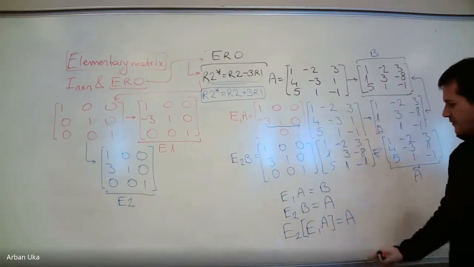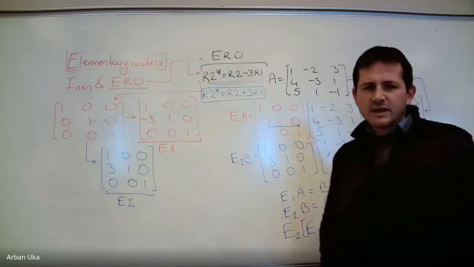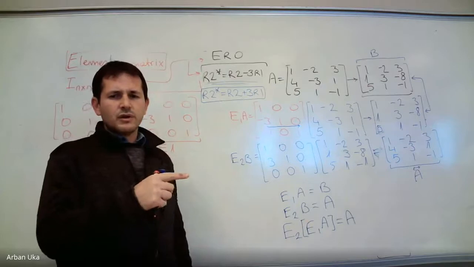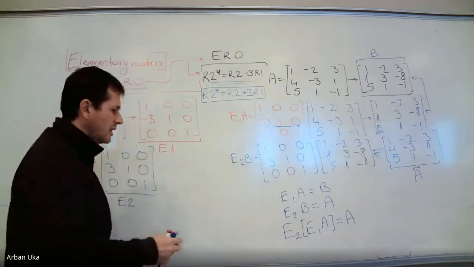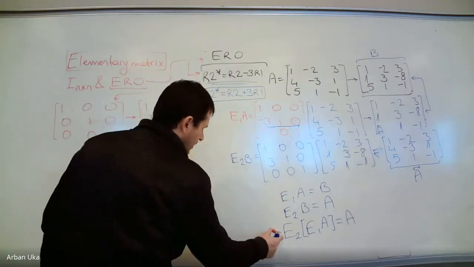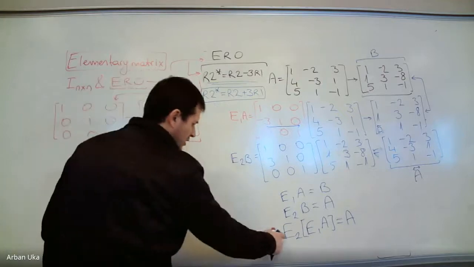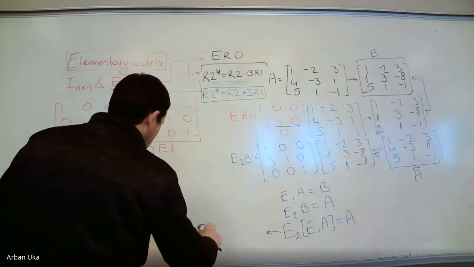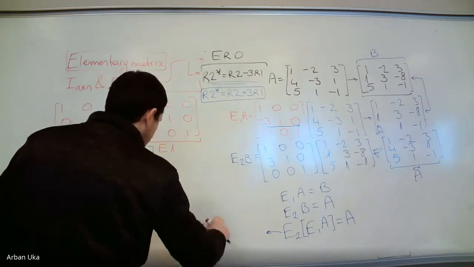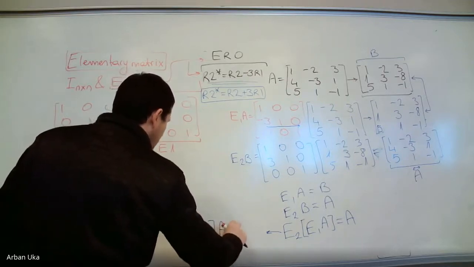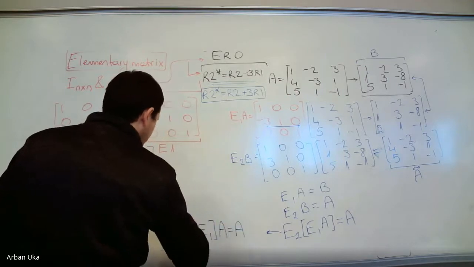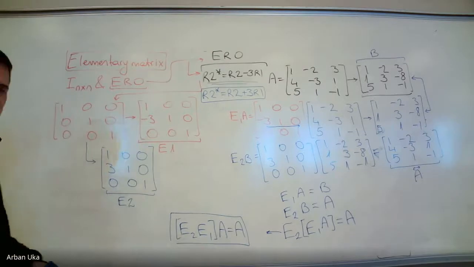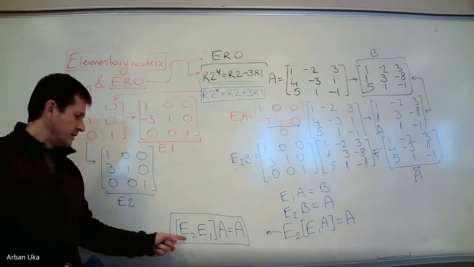Okay? And then, we know that when we multiply 3 matrices, we can multiply the first 2 and then with the third, or we can multiply the second and the third and then with the first. So here, we can change the parentheses and we can write the following. We can say E2 times E1 times A, this is equal to A. So, if we see this expression, what can we say here?